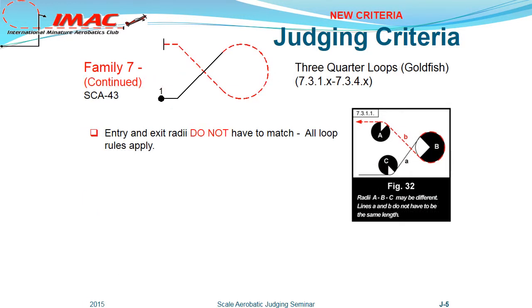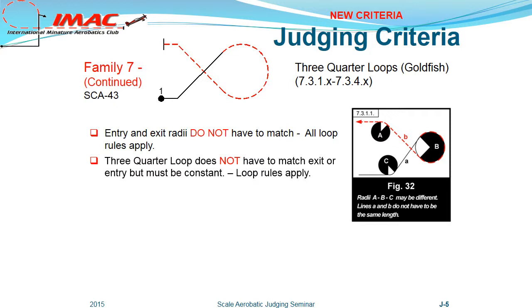Next is the 3/4 loop or goldfish. This figure consists of 3 partial loops connected with 2 45-degree lines. As shown in Figure 32, none of the radii in the figure have to match any of the others. The radii all must be smooth and constant and are subject to all of the common looping criteria.